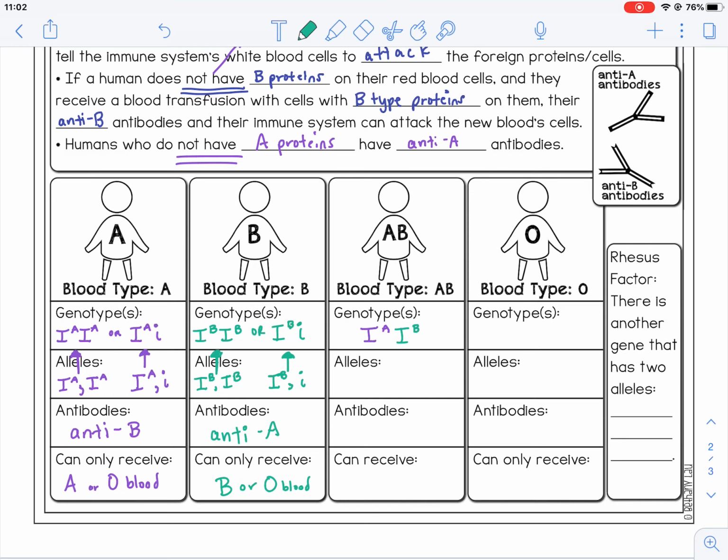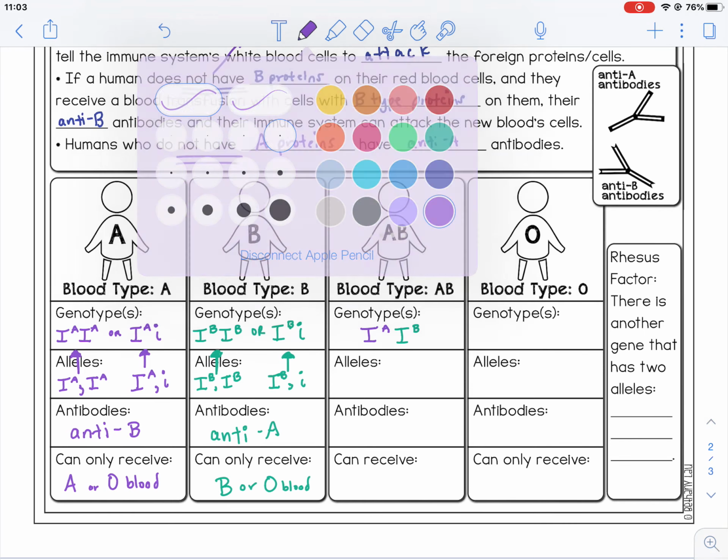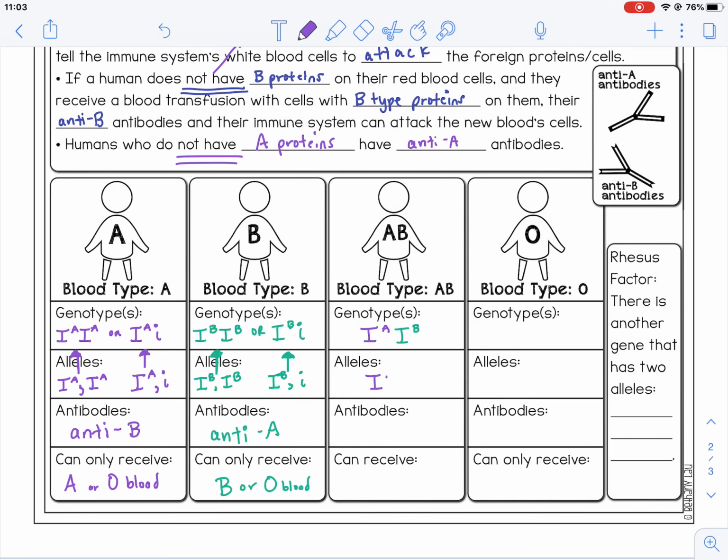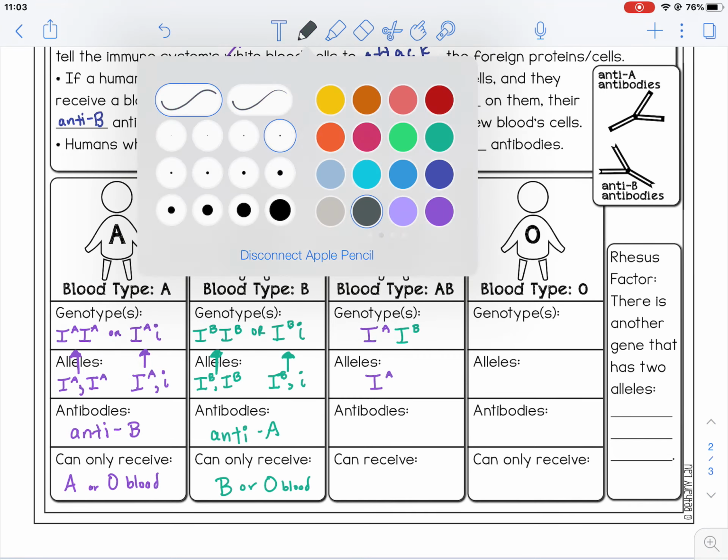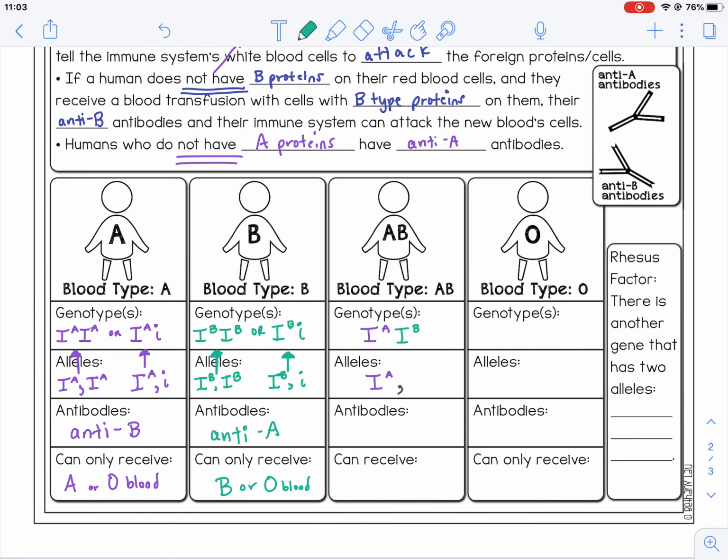Now, we put them in alphabetical order, so it doesn't matter which biological parent the A came from and which biological parent the B came from. It's just that they have 1 IA and 1 IB. So the alleles here, pretty straightforward. They have an IA, they have an IB.